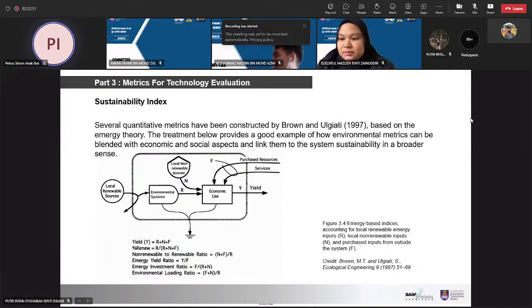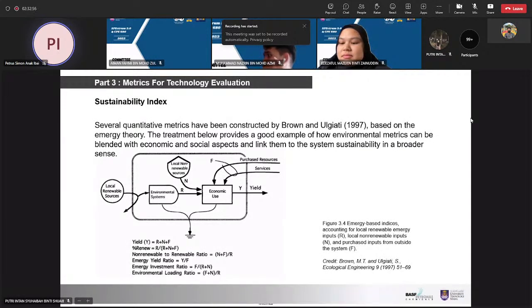The economic box can be seen as a transformer, and it results in some yield, which is Y in this case, and the subproduct directly to the functions of the system. The inputs of the system are classified as renewable resources, non-renewable resources, local resources, and also non-local.